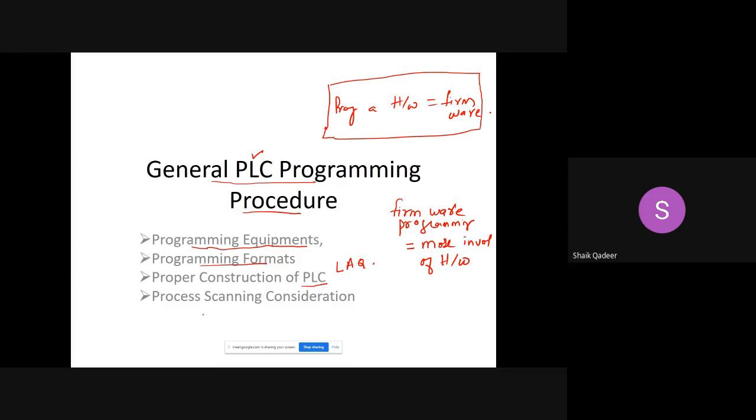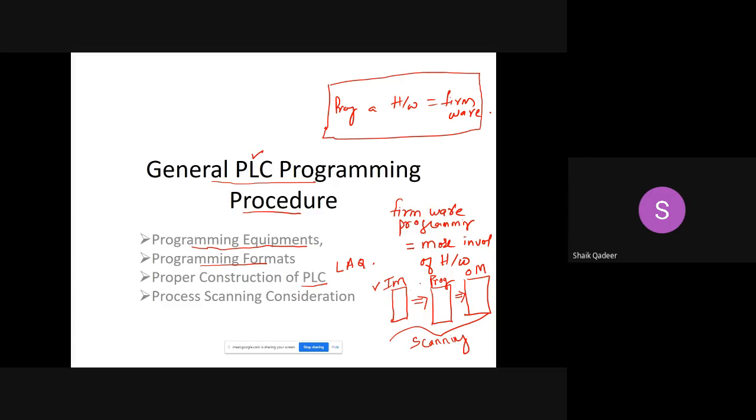After that, we should first cover the proper syntax of a PLC execution. We all know that the PLC first reads the input module, then executes the program, then updates the output module. The overall process is called process scanning.